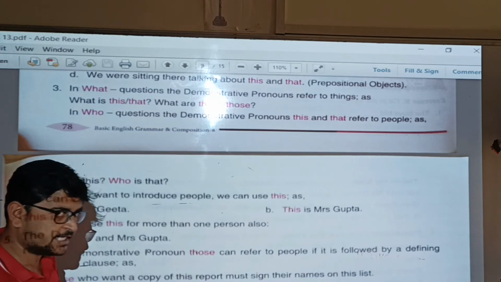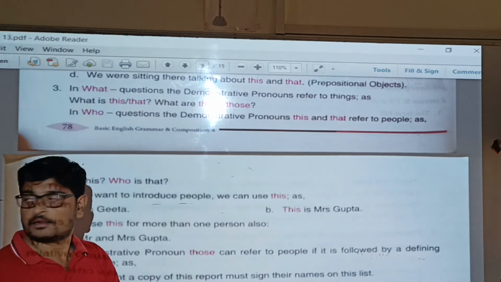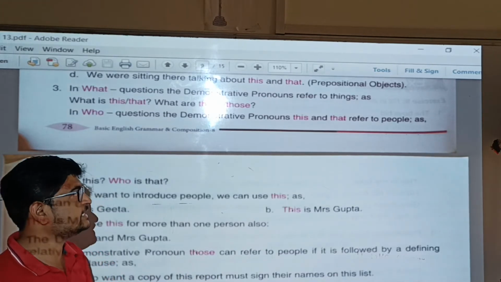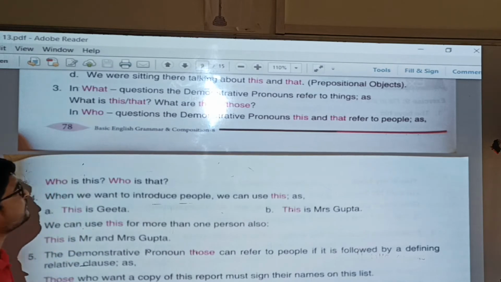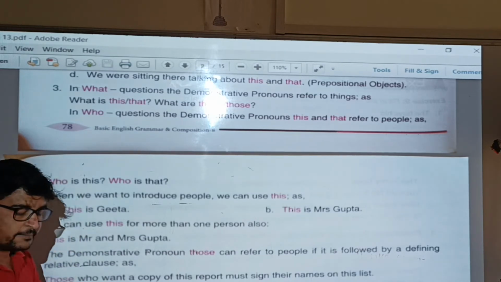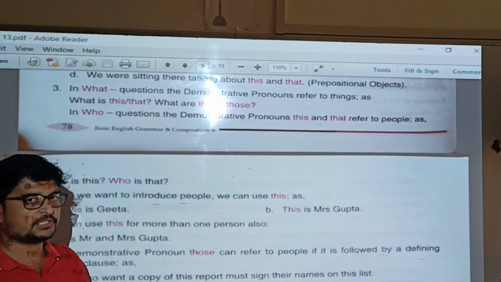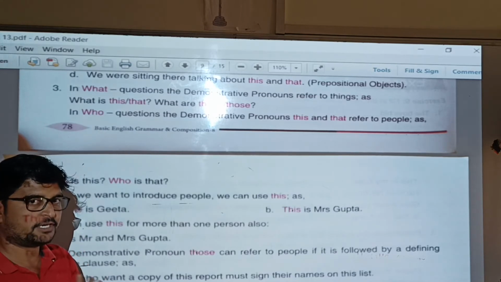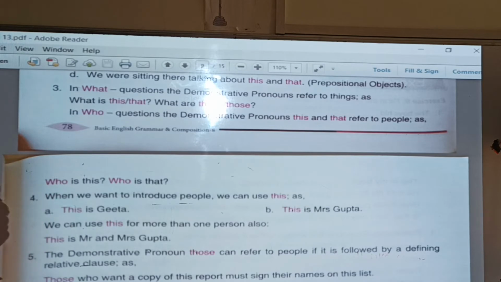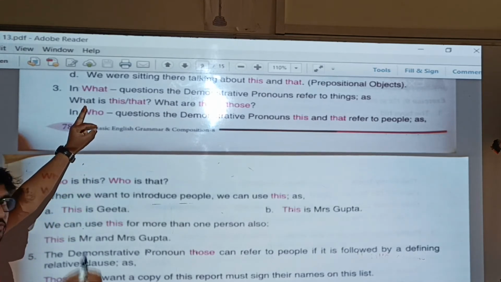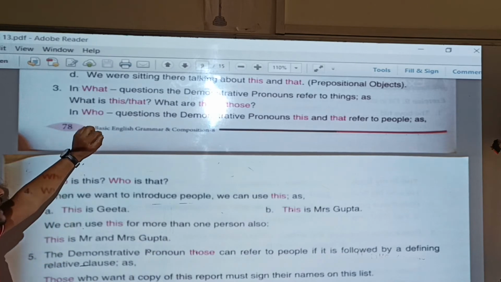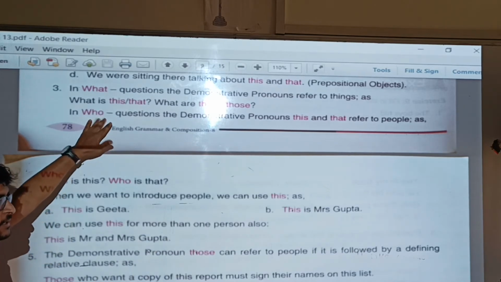First point is singular and plural, far and near. Then the second point is as a subject, as an object, as a complement, or after a preposition. Then the third point is in what and who. In what it refers to non-living things, and who is for people or persons.